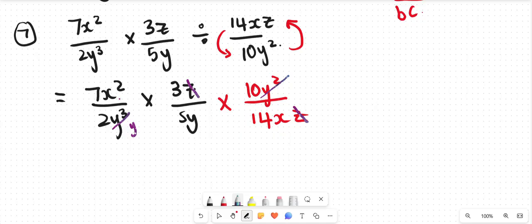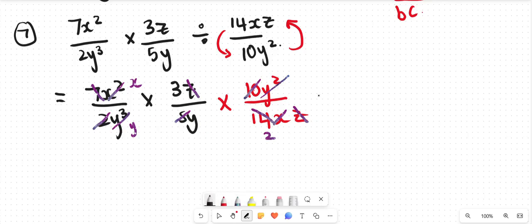We have a 2 down there with a 5 down there, so 2 times 5 would give me a 10, and that cancels with this 10 at the top. Then we have a 7 that's divided with the 14, giving me a 2. And we have an x squared that cancels with this x, giving me an x at the top.